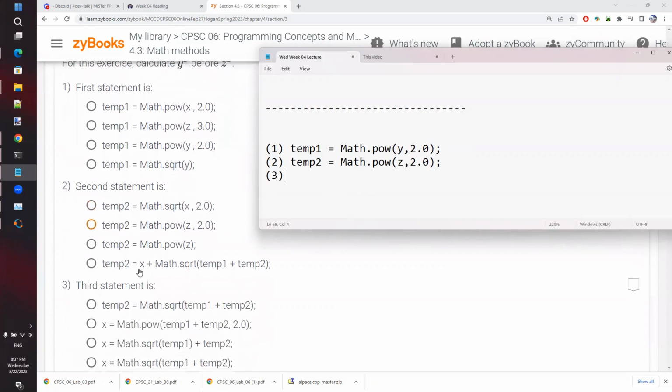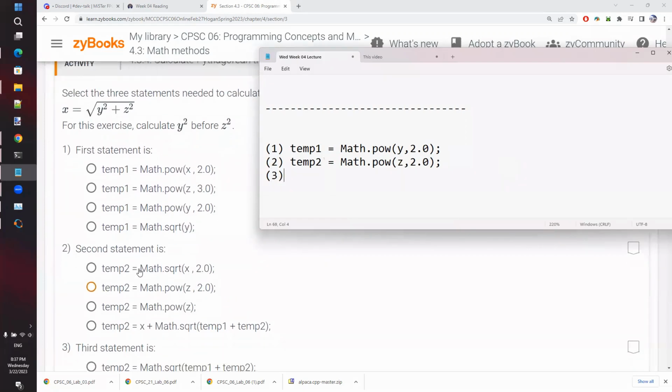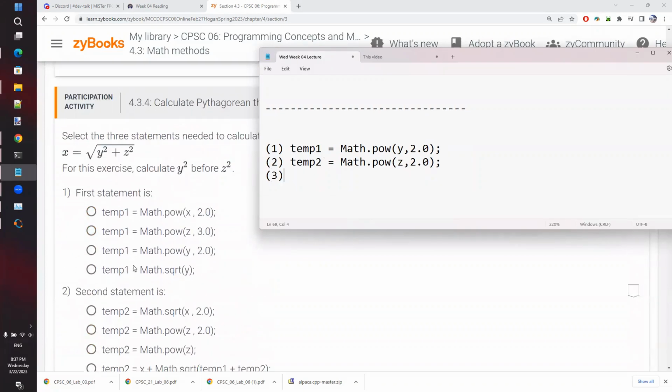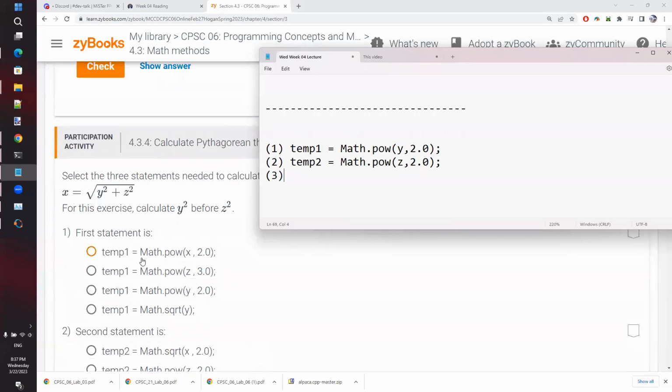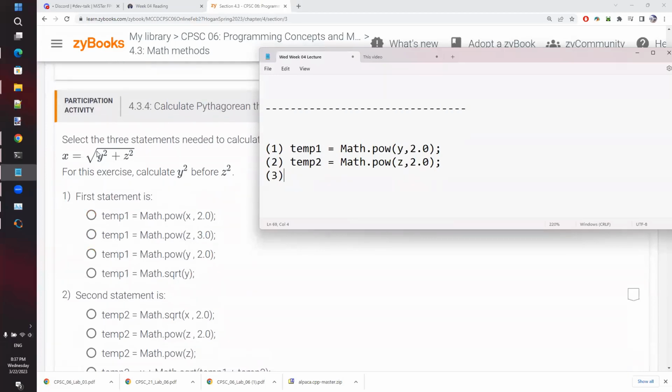Okay, now the third thing, I guess we're combining a couple things here, is they want to add these together and take the square root. So if you wanted to add y squared plus z squared, then we would actually need to add up temp1 and temp2, right? Because temp1 is y squared, and temp2 is z squared.